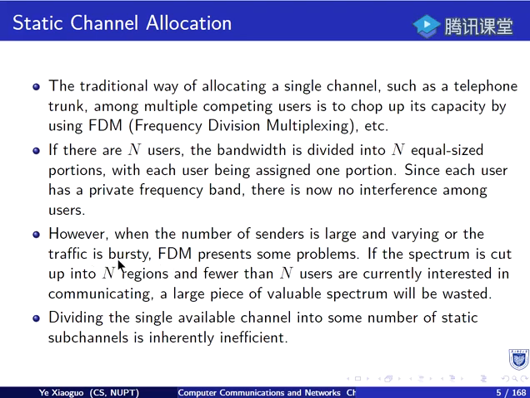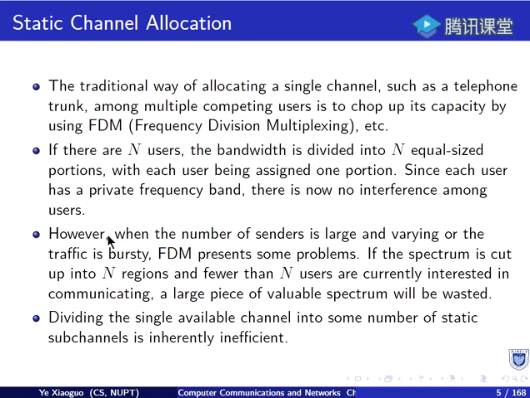Bursty traffic means sometimes a user has much data to send, and sometimes they have no data to send. That means bursty, varying. So when the traffic is varying or bursty, static channel allocation, such as FDM, TDM, etc., presents some shortcomings.